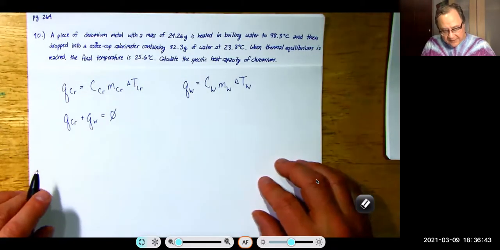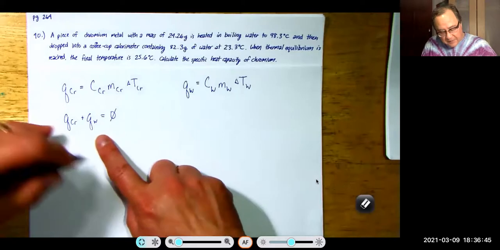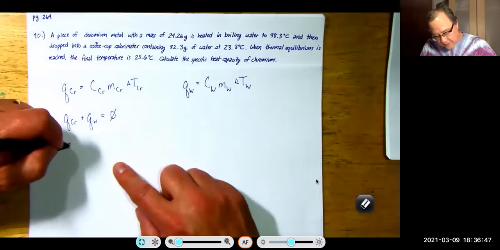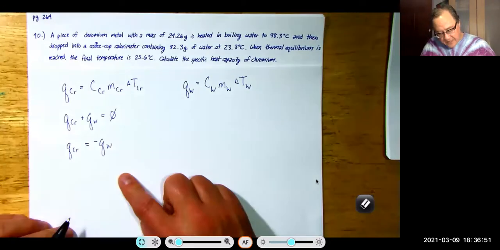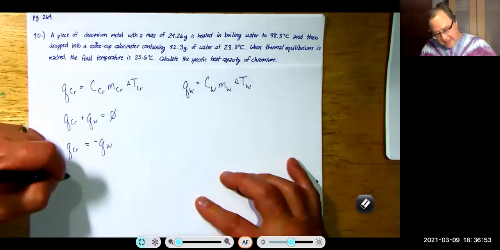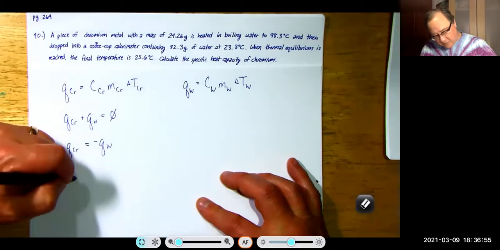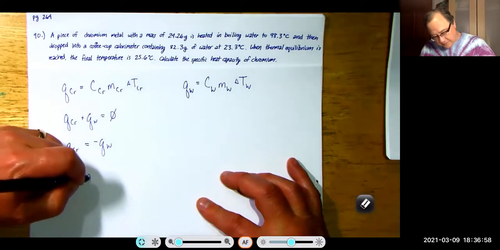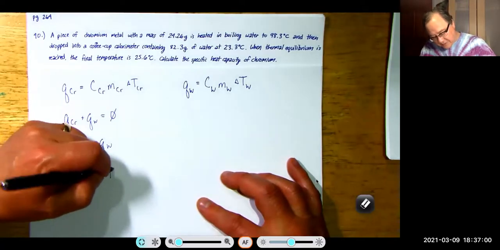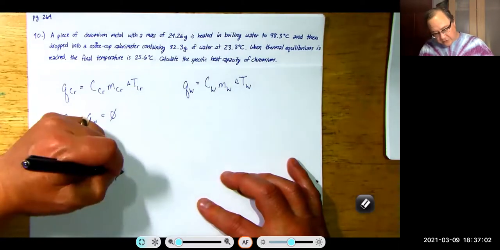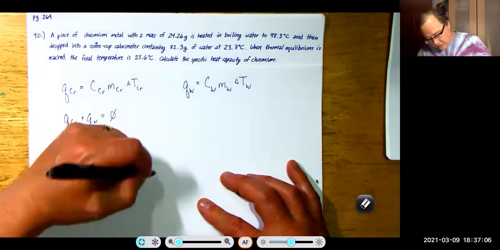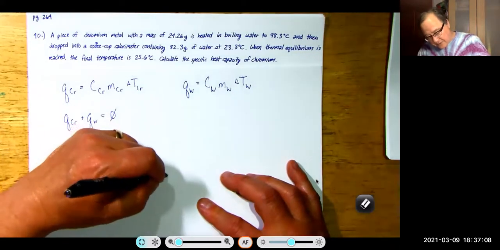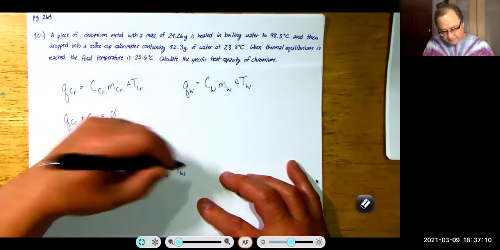So I think we can see that we can manipulate this and say that Q of the chromium is equal to negative Q of the water. And then we can also say that C of the chromium, mass of the chromium, change in temp of the chromium is equal to negative specific heat capacity of the water, mass of the water, change in temp of the water.